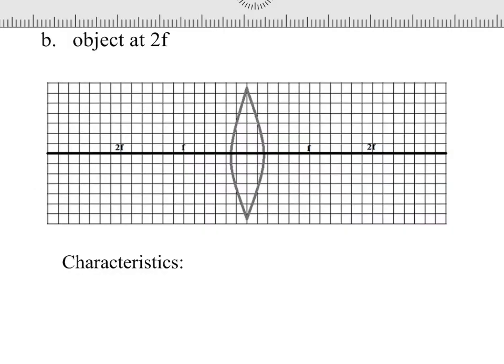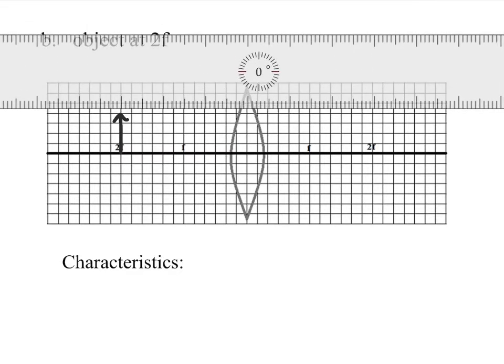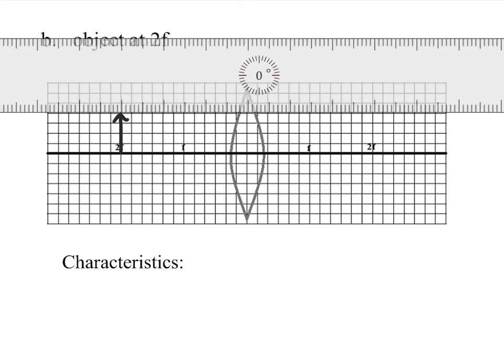Let's see what else we can do with lenses. So say the object is right at the second focal point. I'm going to say it's right there. So again, we have our three rays. So the first one is the one that's parallel and then refracts through the focal point on the other side.